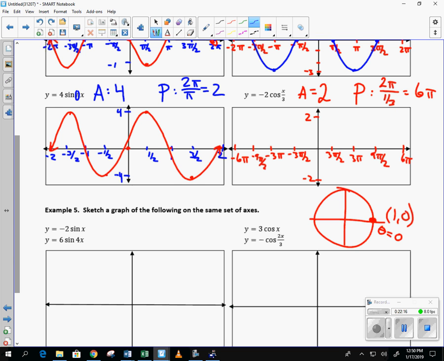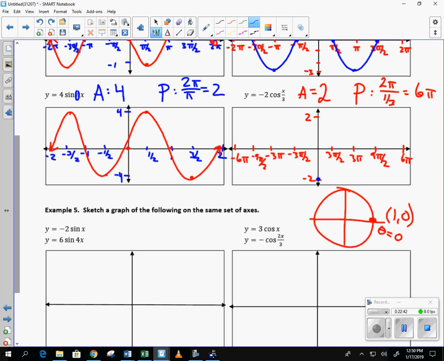Let's go back to where Noah was, and Noah said that if it's cosine, it's going to be the x value. So the cosine of 0 gave us 1, and then you multiply it by negative 2, so it'll start at negative 2. See, sine always starts at the middle.